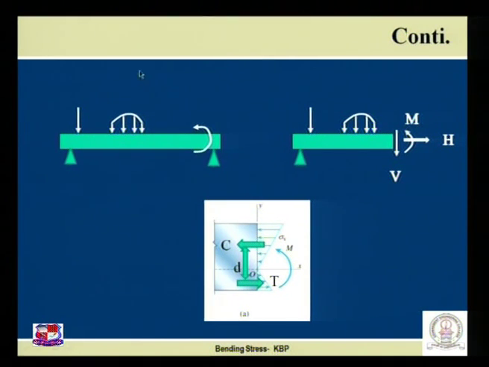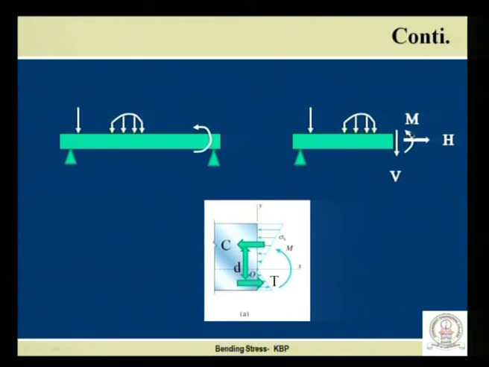Now, if we take a section XX and consider only the left part of this particular beam, then at the section three internal resisting forces will be developed. The names of these forces are bending moment, axial force and shear force.